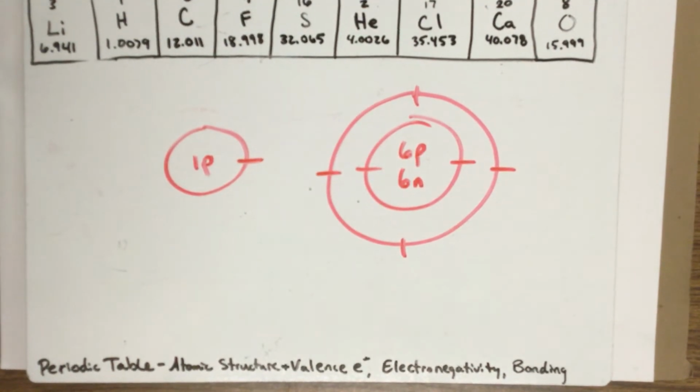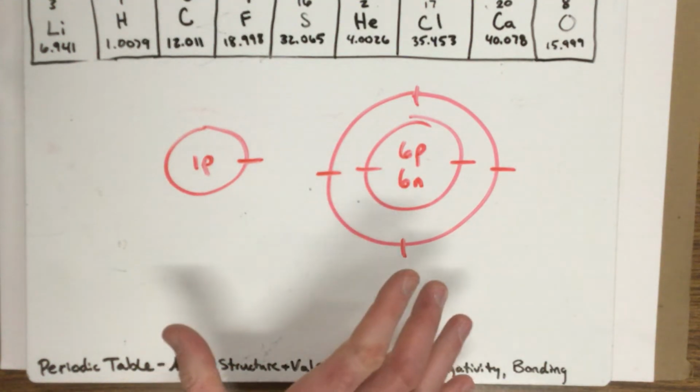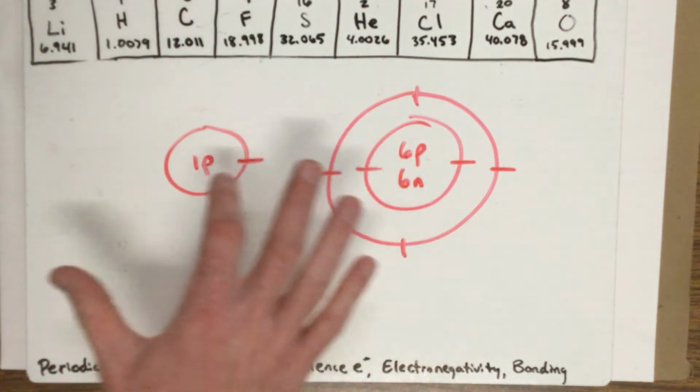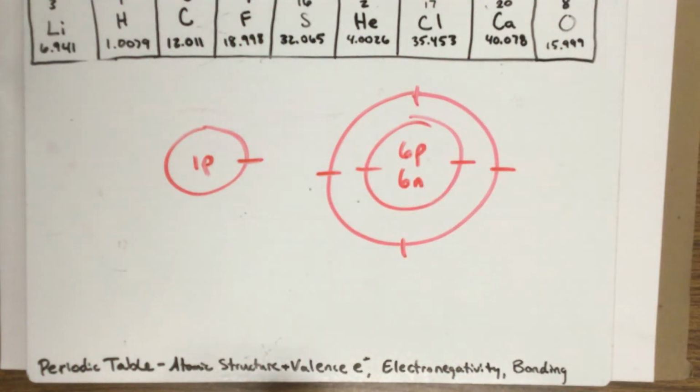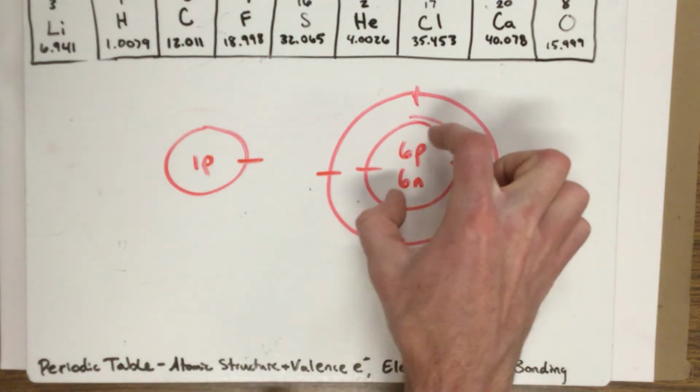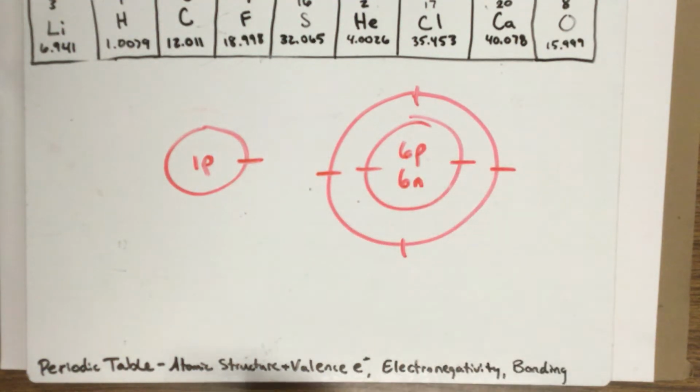So neither one really has a bigger pull, because technically, if we had 4 hydrogens, carbon could give up all 4 of those electrons. If it gave them up, then it would have a filled outermost shell, which would be this shell here. But of course, it would have a 4 plus positive charge.